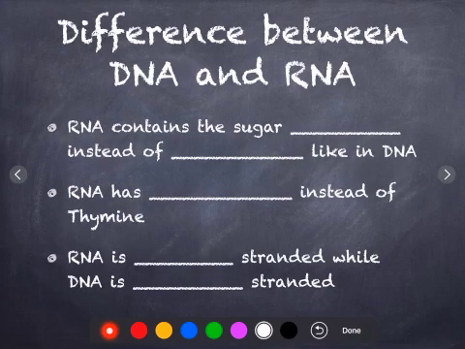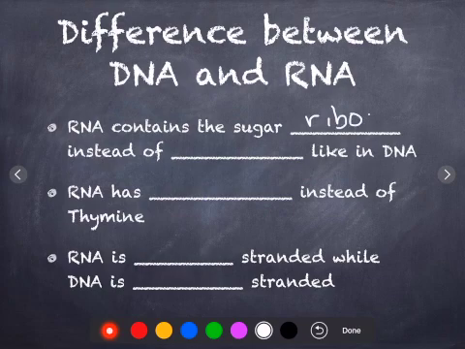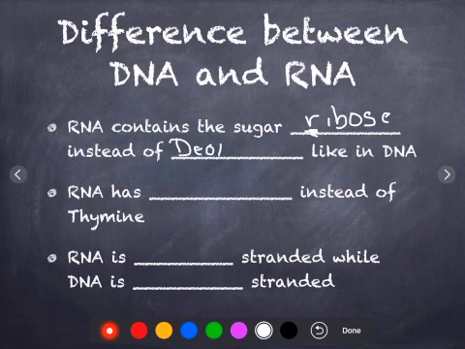Now, before we get going here, we've got to talk about a few differences between RNA and DNA. RNA contains not deoxyribose sugar, but instead a ribose sugar, and this is what gives it its name. RNA also doesn't have the molecule thymine.